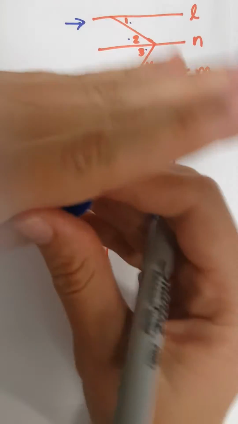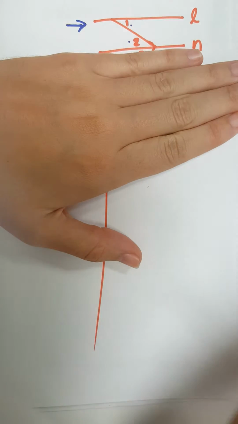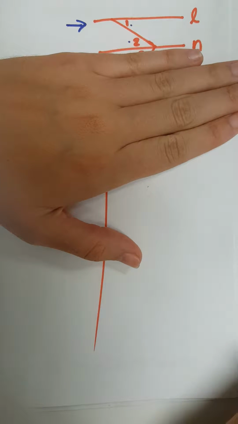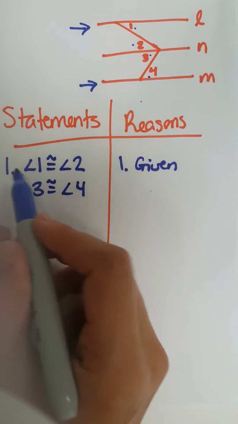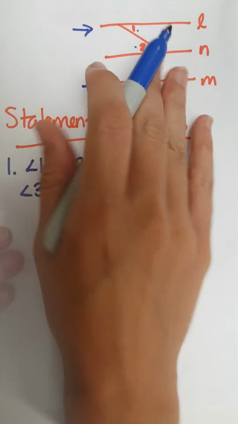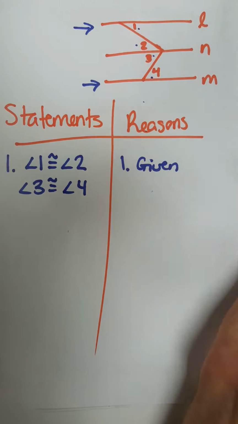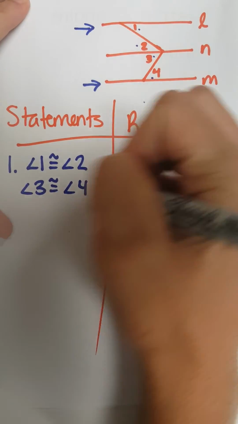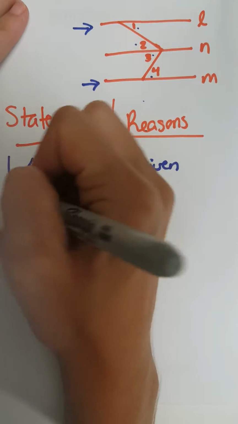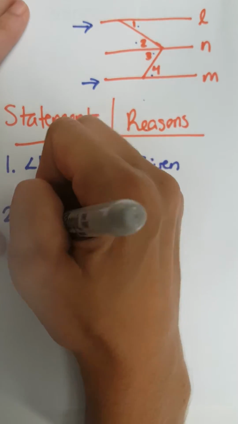Looking at 1 and 2, what kind of angles are those? They're alternate interior angles, right? If I know that alternate interior angles are congruent, I know that the lines their transversal is going through are parallel. So I can say that line L is parallel to N.